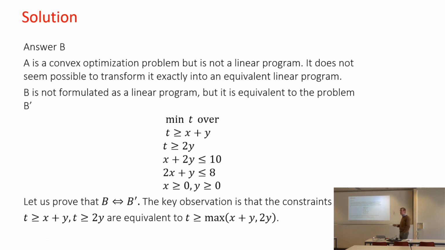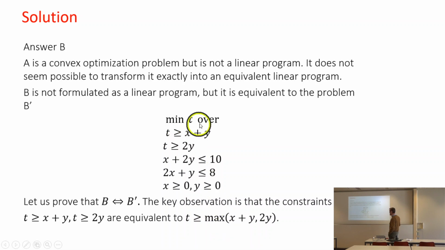If you impose that t is larger than a, t is larger than b, and you want t to be as small as possible, you have to be as large as the largest of the two. If a is larger than b, then you want t to be equal to a. So if x plus y is larger than 2y, for x and y fixed, the minimum of t would be x plus y. And if it's 2y that is larger, it's 2y. So in general, the minimum of t over this is the max.